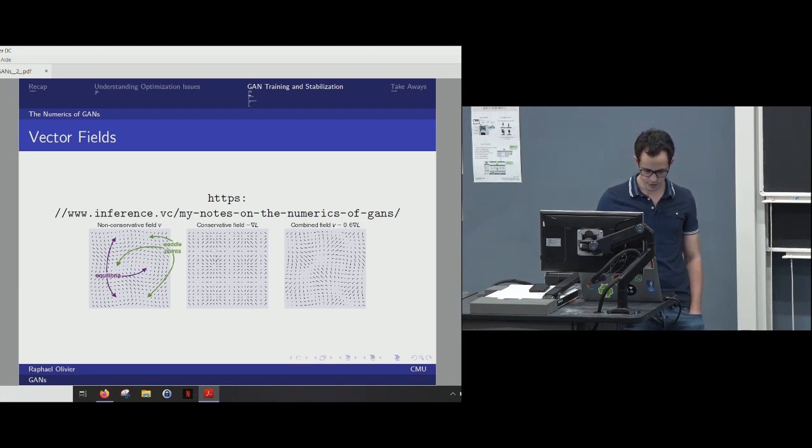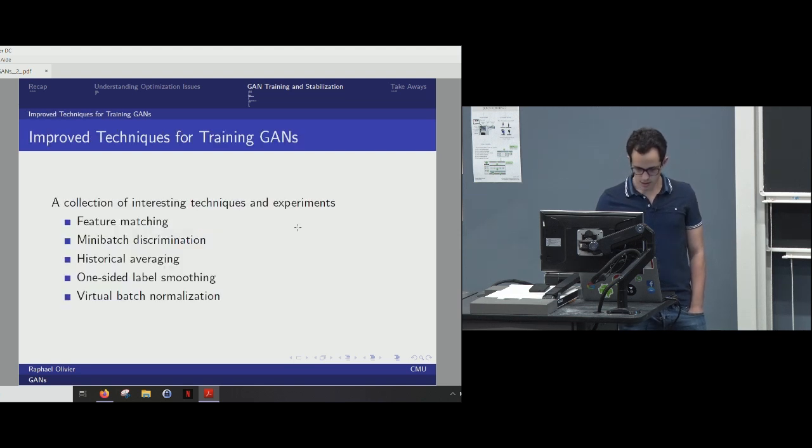In a completely generative field, the conservative field, the gradients are all kind of collinear and pointing toward the equilibrium points. And if you just combine the two a little bit, you get a situation where the gradients tend to point toward where you want to go, or even though it's not perfect, you can still backpropagate through that.